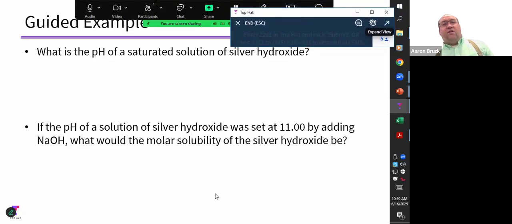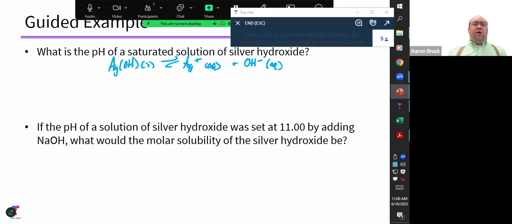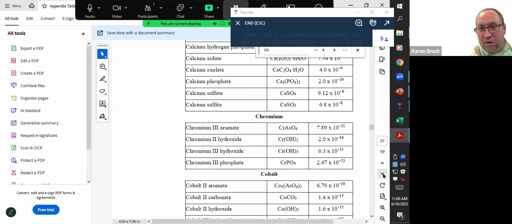And consequently, you can go the other direction as well. So if I'm looking at silver hydroxide, for example, silver hydroxide, AgOH, would be in equilibrium with silver ion and hydroxide ion. The KSP for this, we would have to look up, but we're already here.